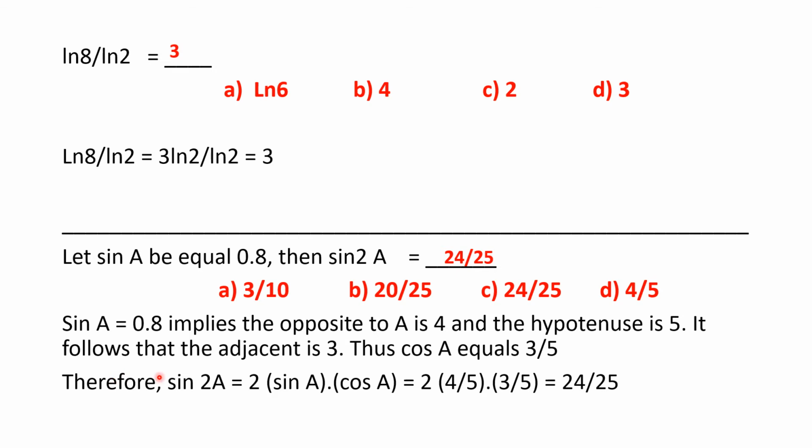Therefore, sine 2A equals 2 sine A multiplied by cosine A. We know that sine A is 4/5 and cosine A is 3/5, as we concluded right there. So if we do the math, that's going to give us 24 divided by 25, which is option D, which is going to go right there.